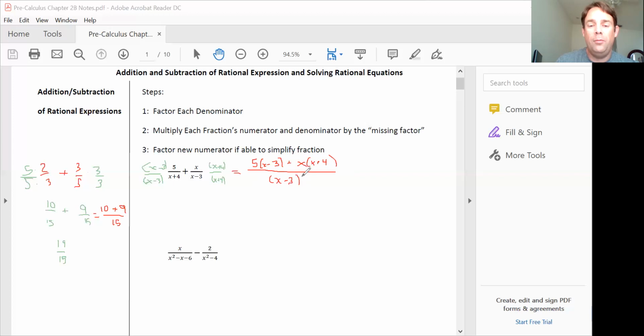So now, once we have them over that common denominator, we're just going to go ahead and simplify the numerator. And when we're done simplifying, if we can factor, we're going to go ahead and factor. If it doesn't factor, we'll leave it alone. So I have 5x minus 15 plus x squared plus 4x.